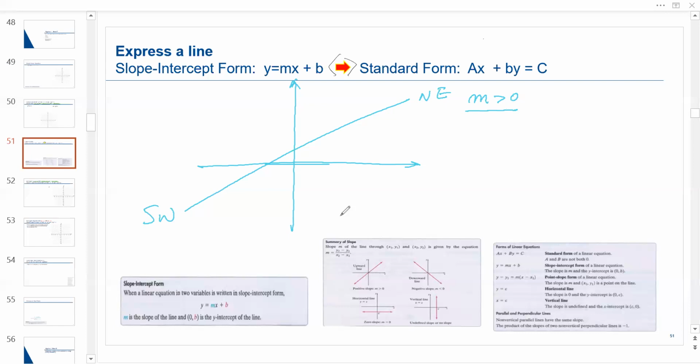When you graph a line from southeast to northwest, the slope is always less than 0.